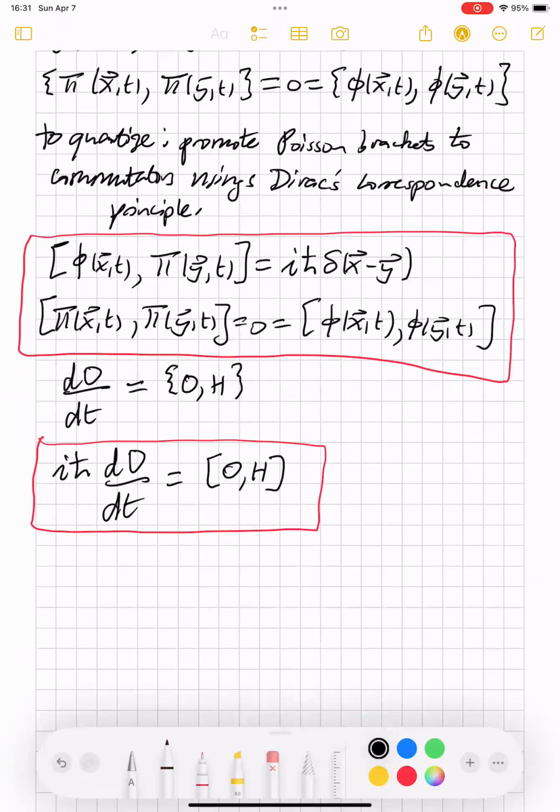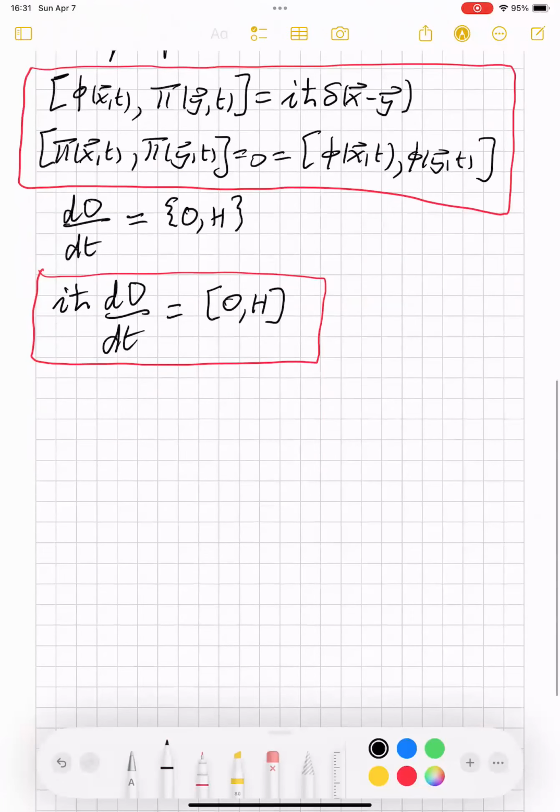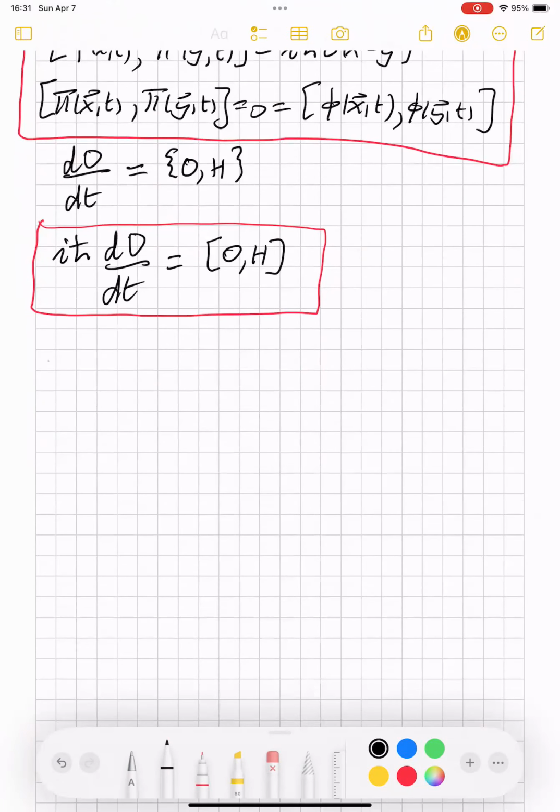Now, I want to give you a little exercise to make sure that you've understood it. Let's imagine that we study n free scalar fields. So in this situation, what the Lagrangian density would look like, let me write it like this.